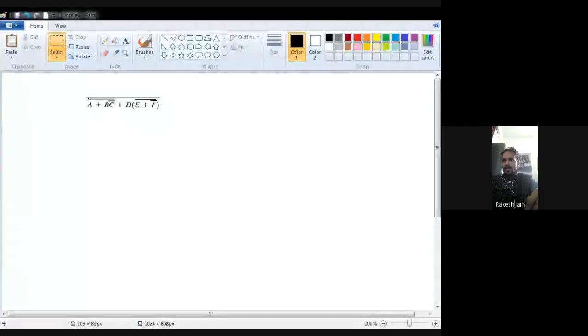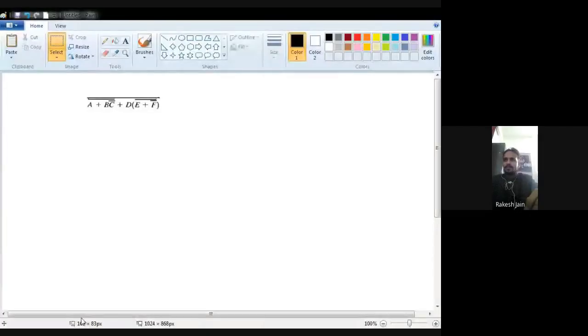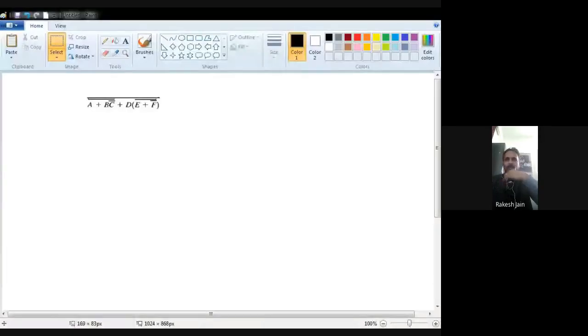Now this is an expression in which (A plus BC bar) whole bar, plus D in bracket (E plus F bar) bracket close, whole bar, and the total term having a whole bar. Okay, now we have to solve this. It is not so easy to solve this directly, but we can solve it by using the Boolean algebra rules.